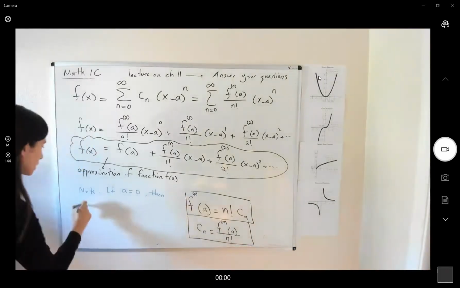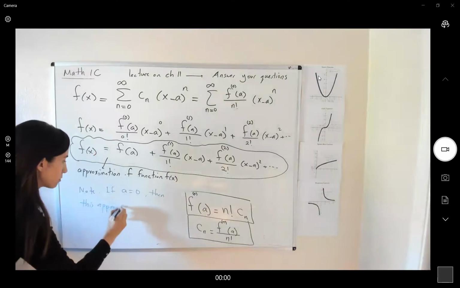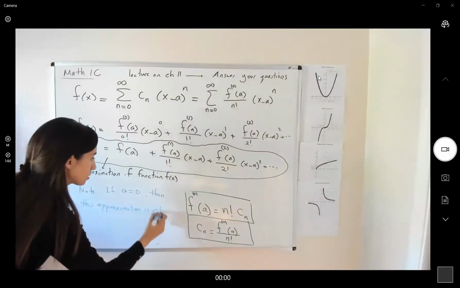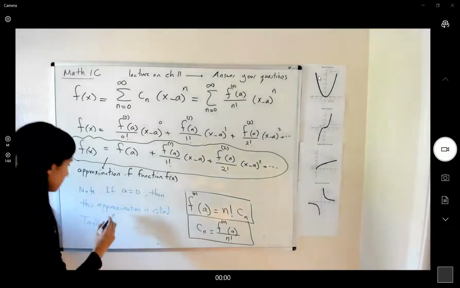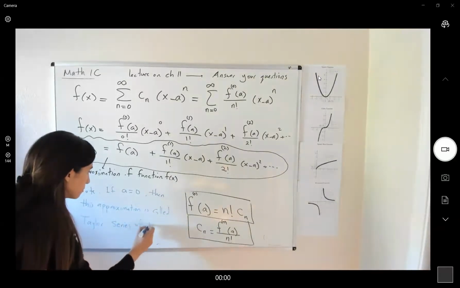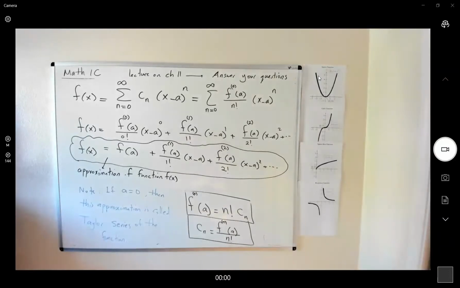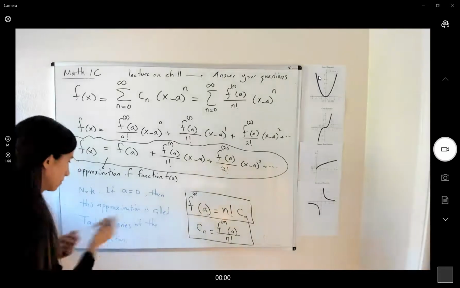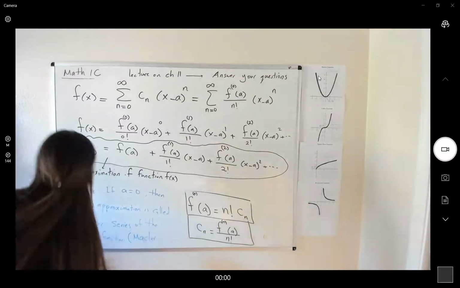This approximation is called the Taylor series of the function, and in this special case, we call it the Maclaurin series.